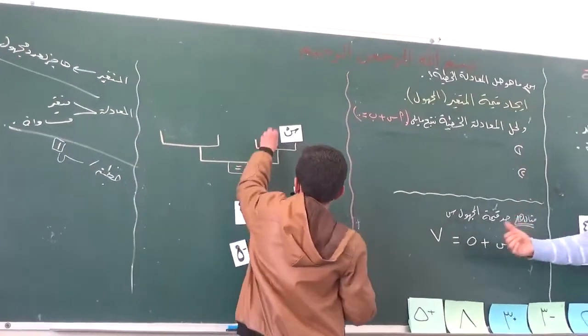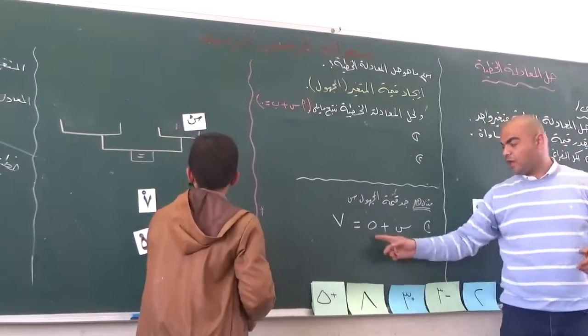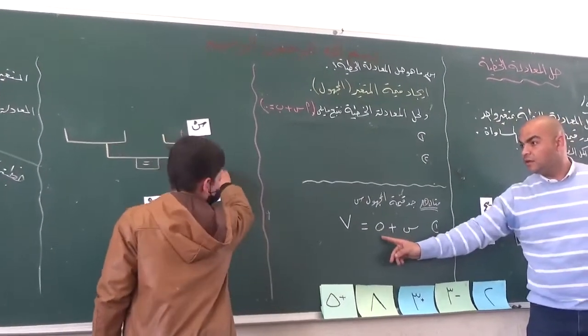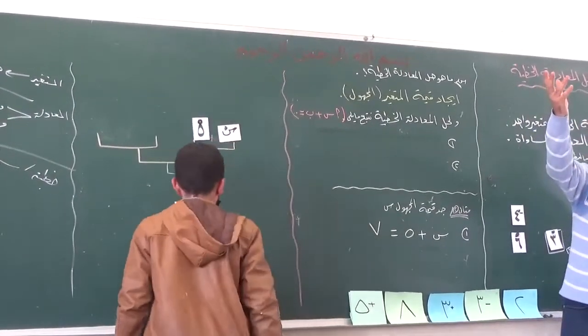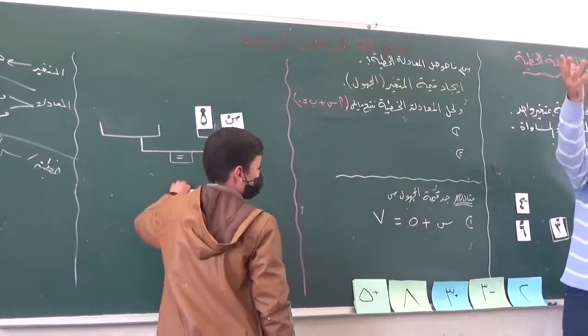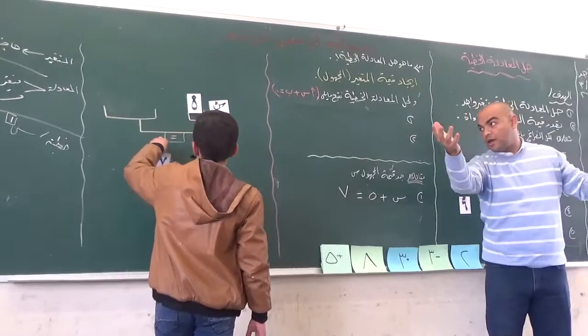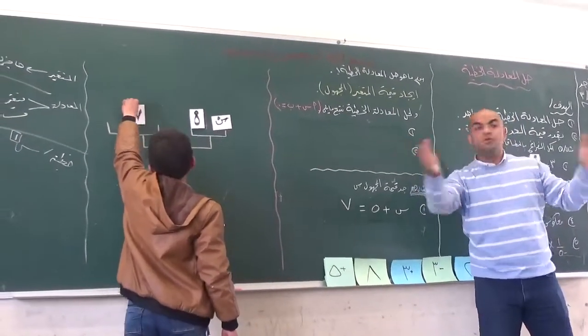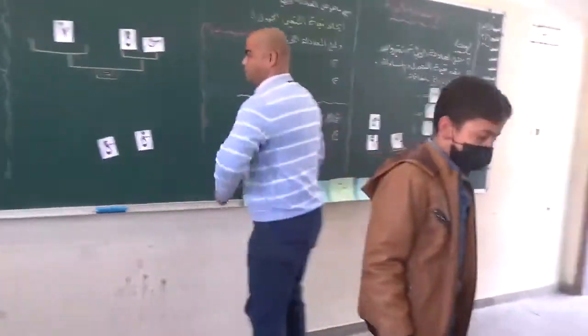Please add more. Student added 5. Teacher: Great. The balance leans to the right side. To rebalance the balance, what do we have to put on the other side? Student: We have to add 7. Teacher: Excellent. Please encourage him. I clap for him.